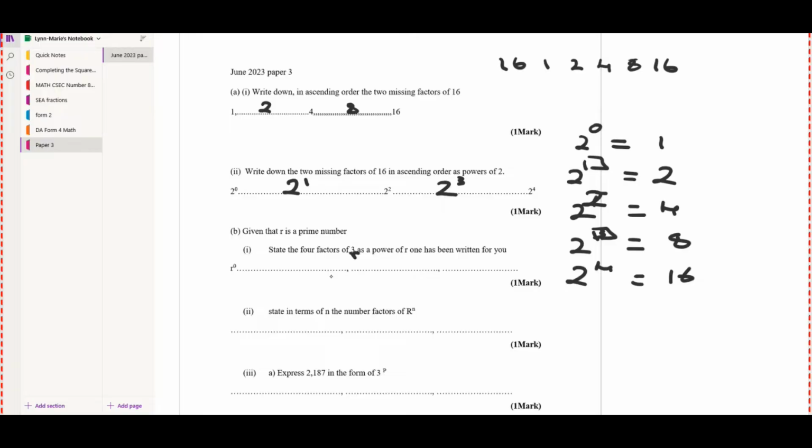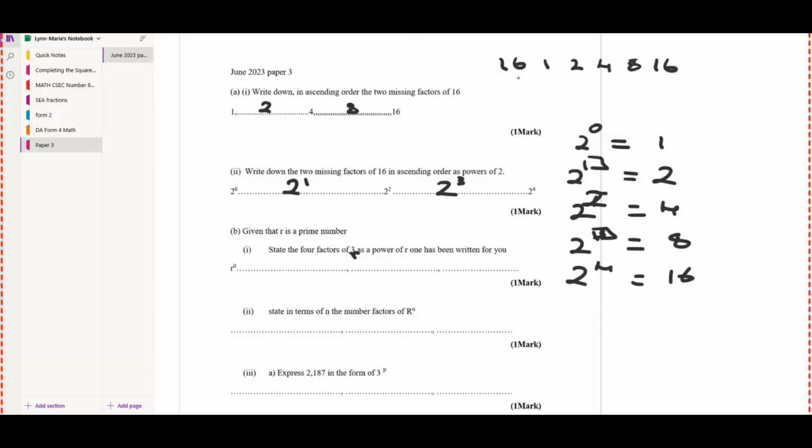Right. Given that r is a prime number, state the 4 factors of r to the power of 3. As a power of r, 1 has been written for you. So if we compare what we see here, this has 4 factors.